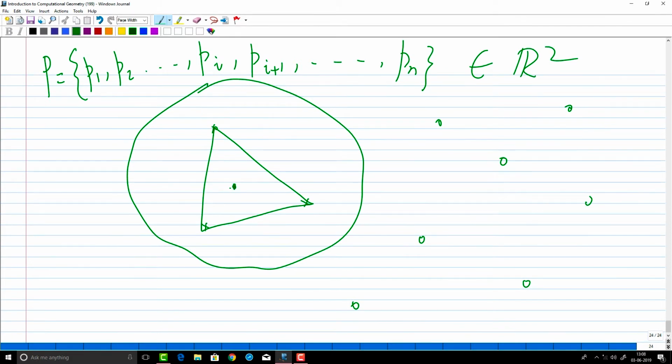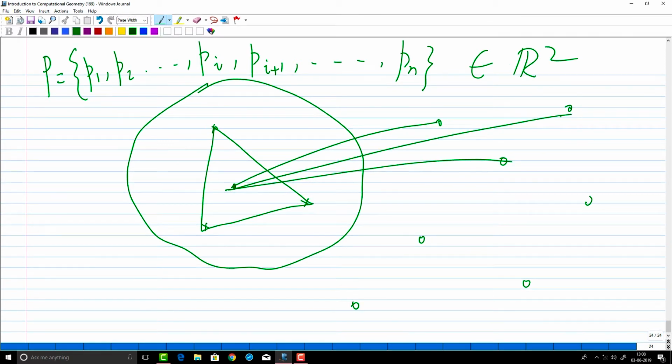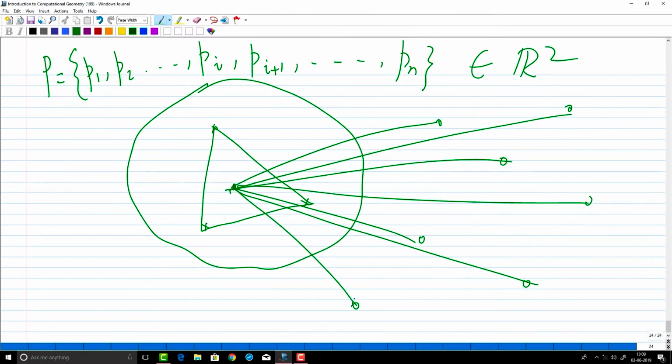Now, as I keep growing, this centroid can never go outside the convex hull, it will stay inside. Now, for the other points I look at these lines, and these lines will conflict with some edges of the convex hull, right, they will intersect some edges of the convex hull.